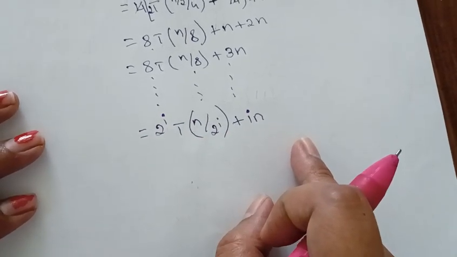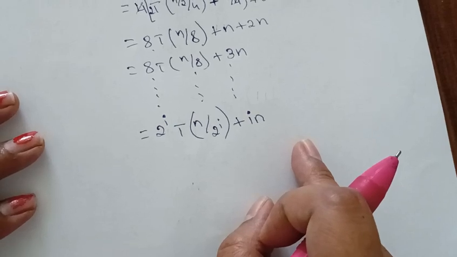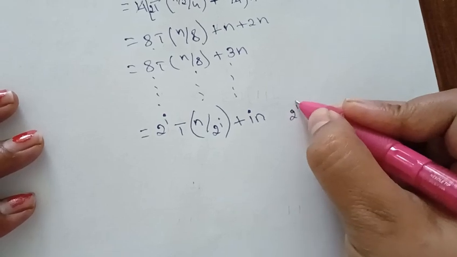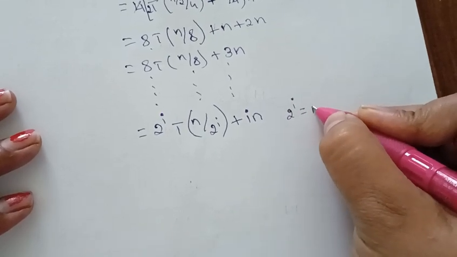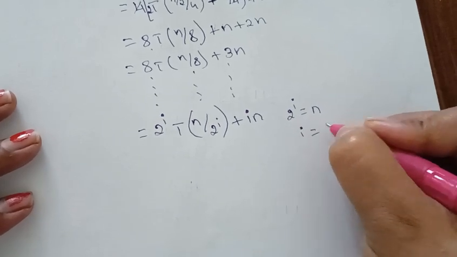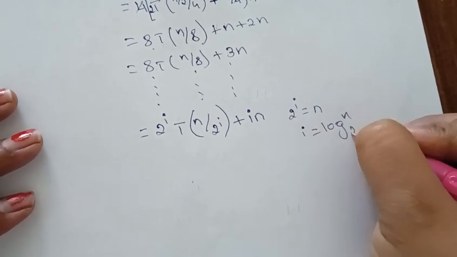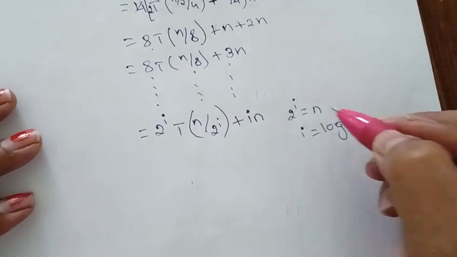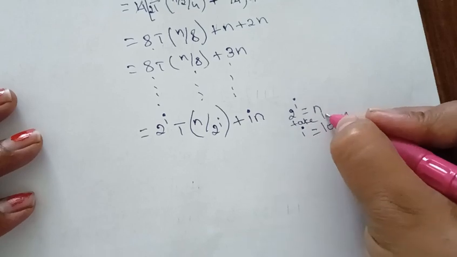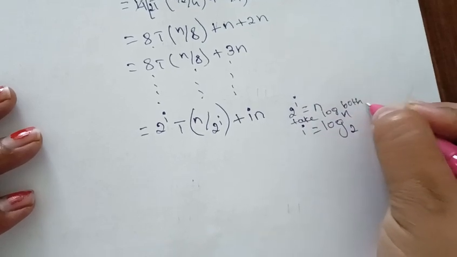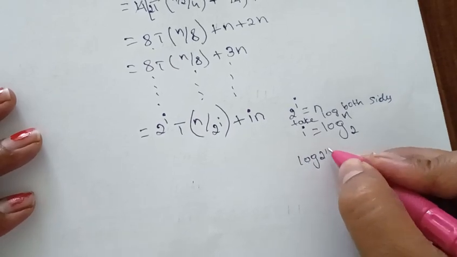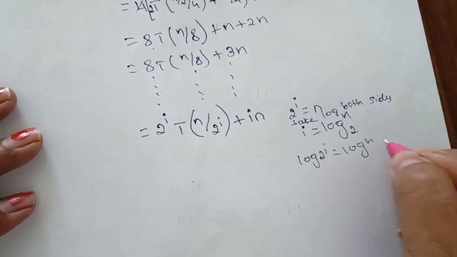So here 2 power i, if I just take 2 power i is equal to n, then with the law I'll get i is equal to log n to base 2. Because if you take log both sides, I'll just take log 2 power i is equal to log n.